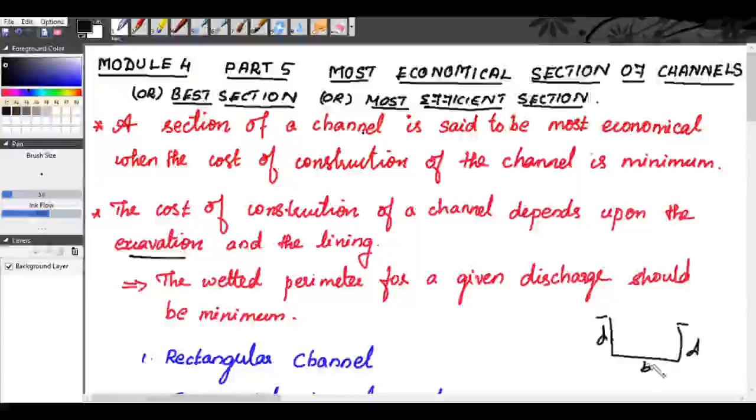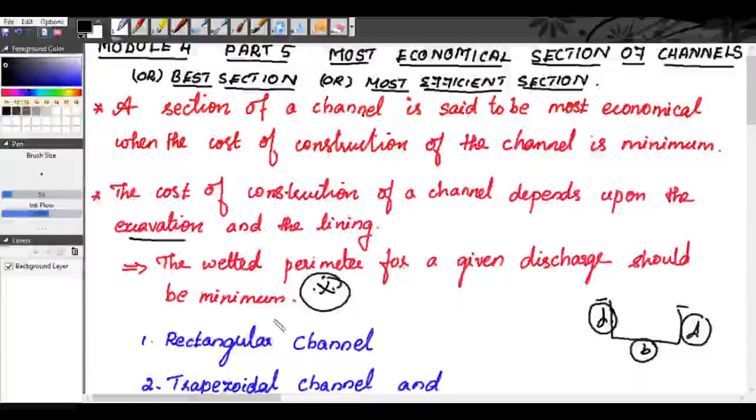So we can keep the breadth constant and let us find the minimum depth to have the maximum discharge. So that is our aim for a rectangular channel to get the most economical channel. So this is the condition: the wetted perimeter for a given discharge should be minimum.